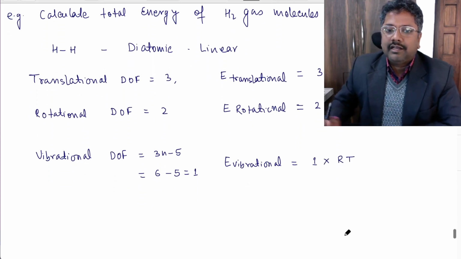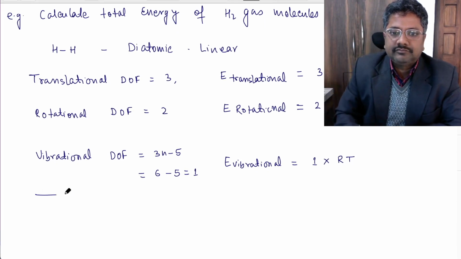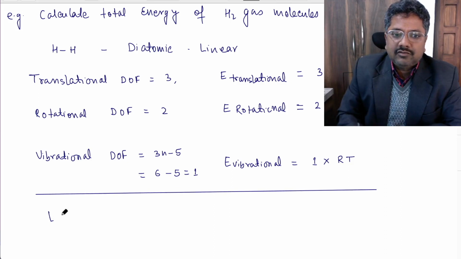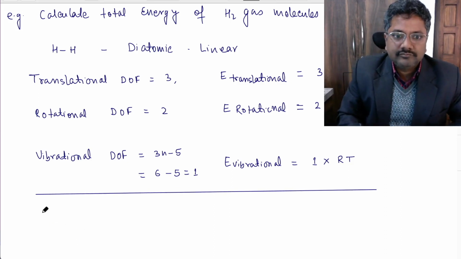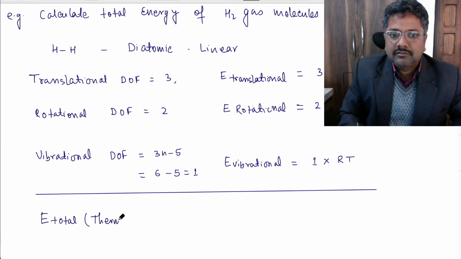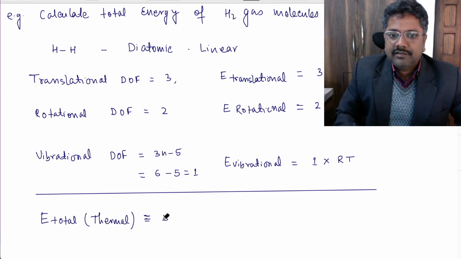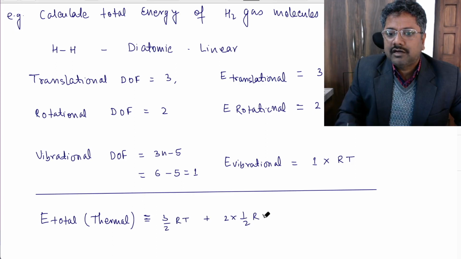So the total thermal energy, E total, is equal to 3 by 2 RT plus 2 into 1 by 2 RT plus RT.